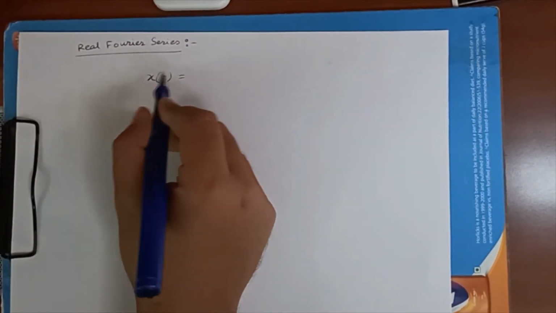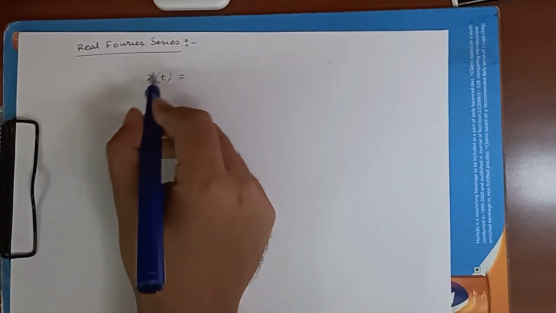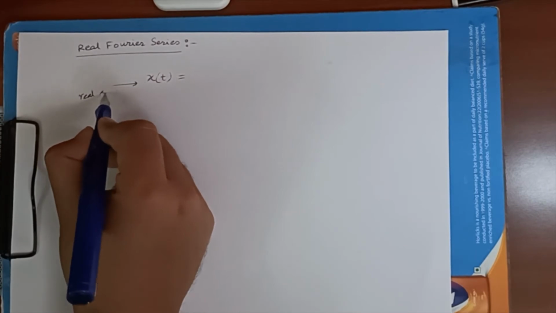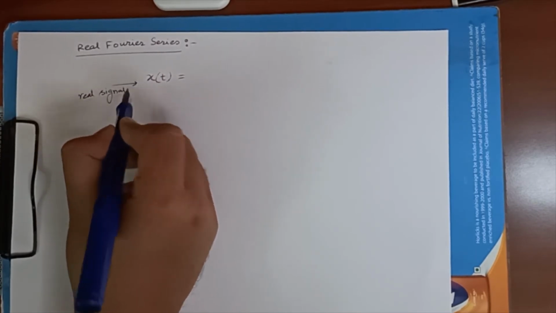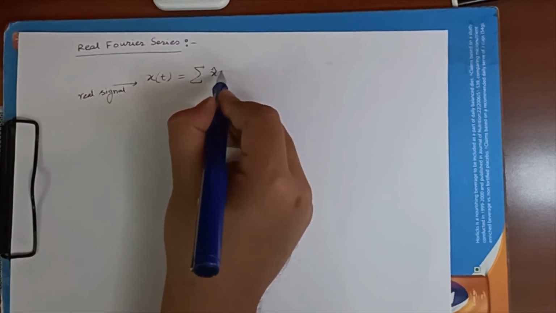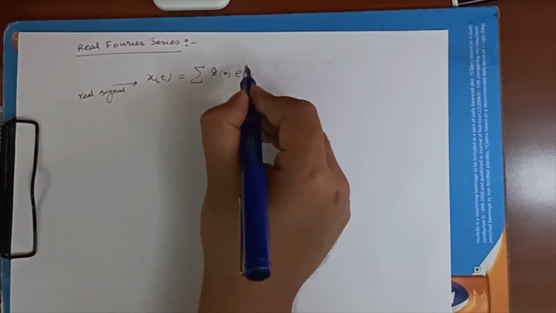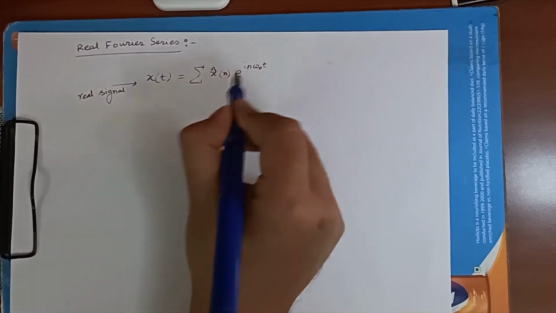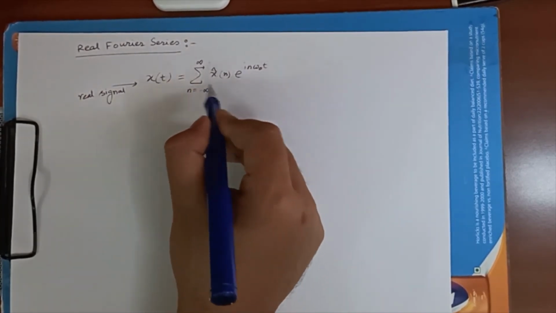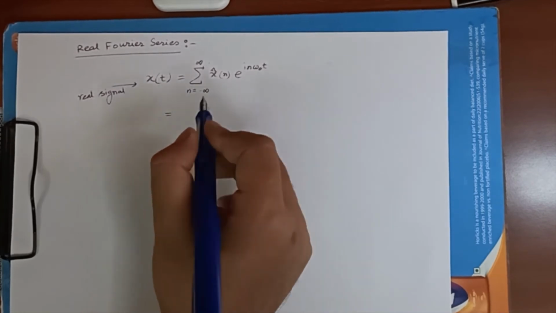Earlier we assumed that to be a complex valued signal. Let us now enforce x(t) to be a real valued signal. Then this sum of x hat n e to the power i n omega 0 t, n equal to minus infinity to infinity, is a complex number, so let us expand.